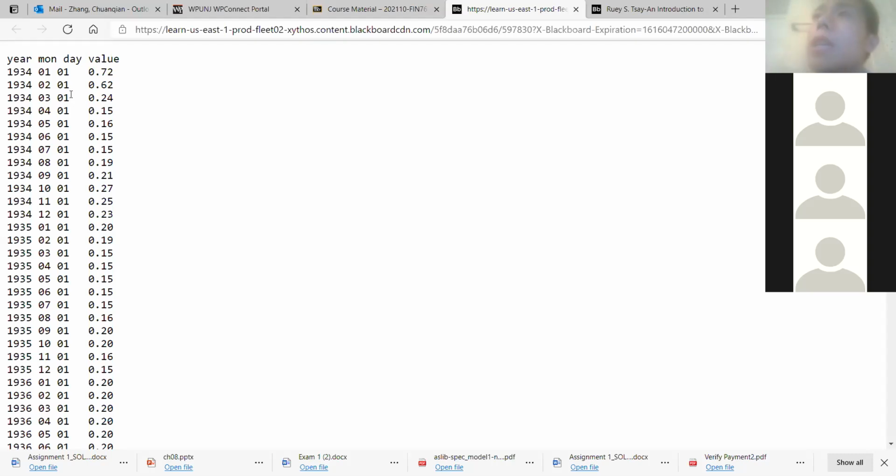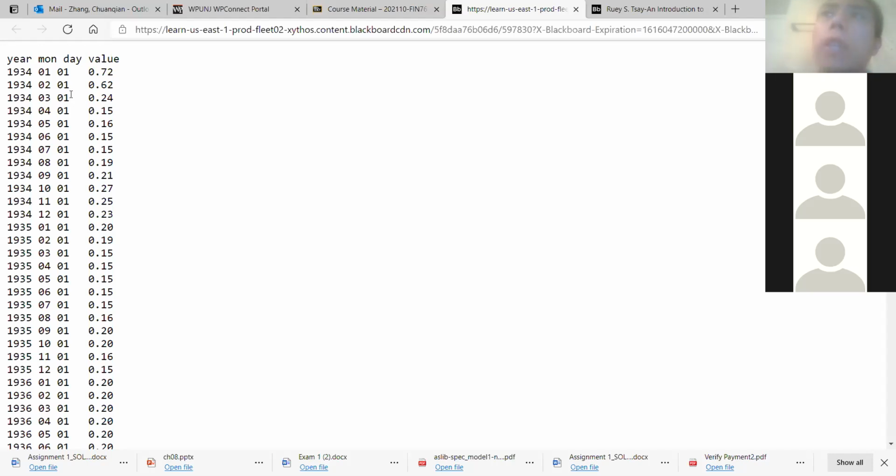They have their own requirements in their system. So although it looks like a perfectly expressed calendar date, it is actually not in calendar date format, and the computer will give you wrong information.